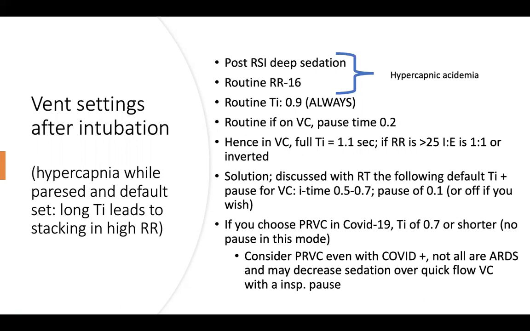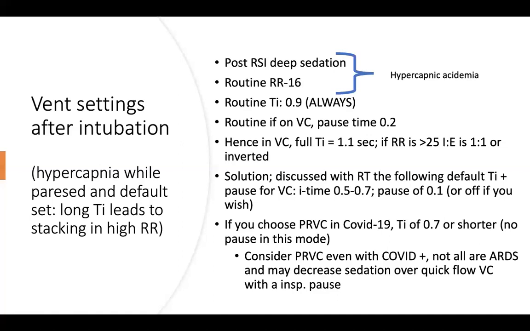If you even want to pause so that you can be monitoring plateaus from breath to breath and minimize entry into the room. But it's up to you, and you can also keep the pause off. If you choose PRVC, there is no pause in that, so the total I time of something such as 0.7, 0.6 seconds can be set.